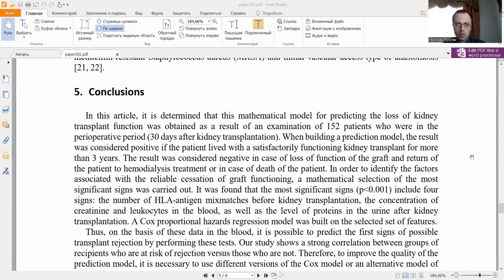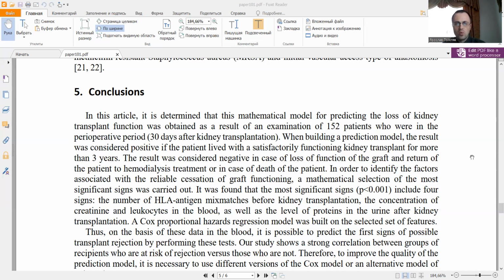The result was considered negative in case of loss of function and graft return to hemodialysis treatment. Factors associated with reliable cessation of graft function were identified, and mathematical selection of the most significant signs was carried out.